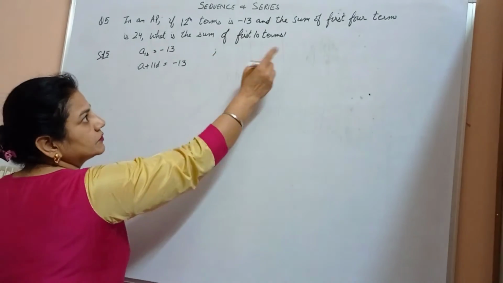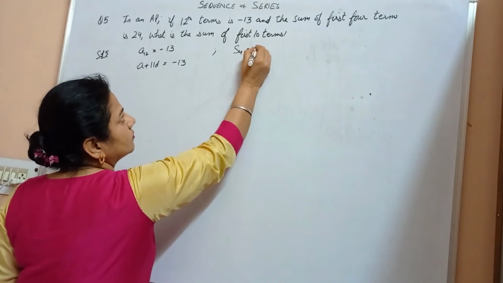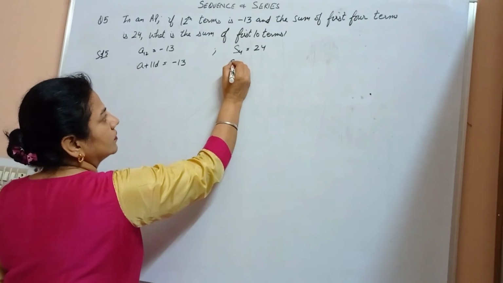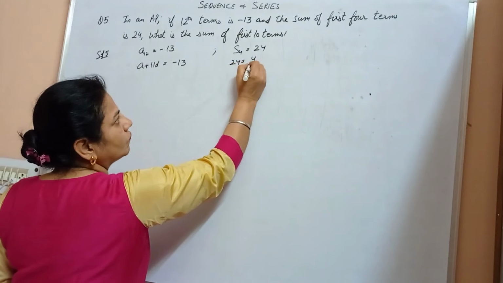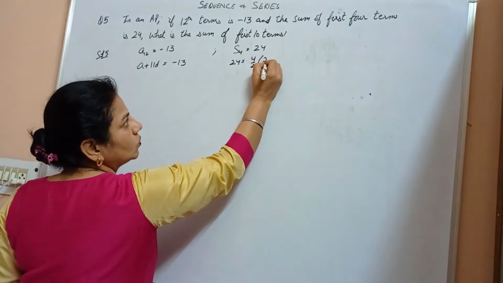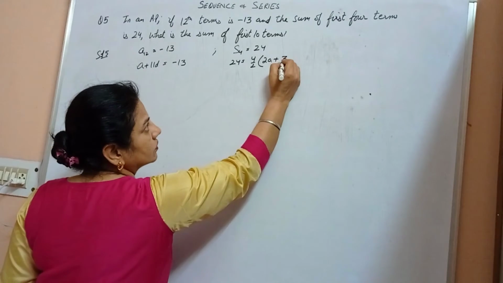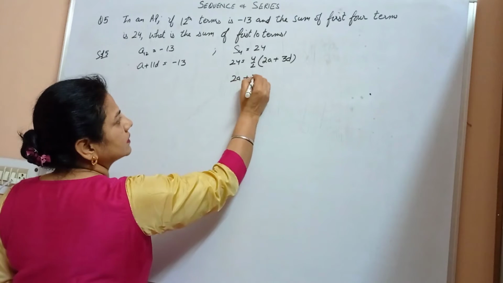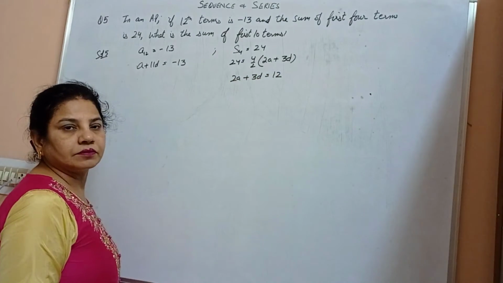Then the sum of the first 4 terms is 24. That means S4 is equal to 24, which means 24 is equal to 4 by 2 into 2a plus n minus 1 d. n is 4, so 3d. That means 2a plus 3d is equal to 12. This is my second equation.